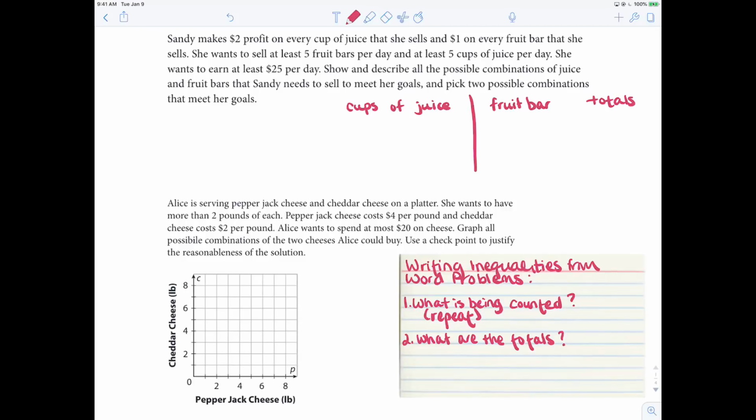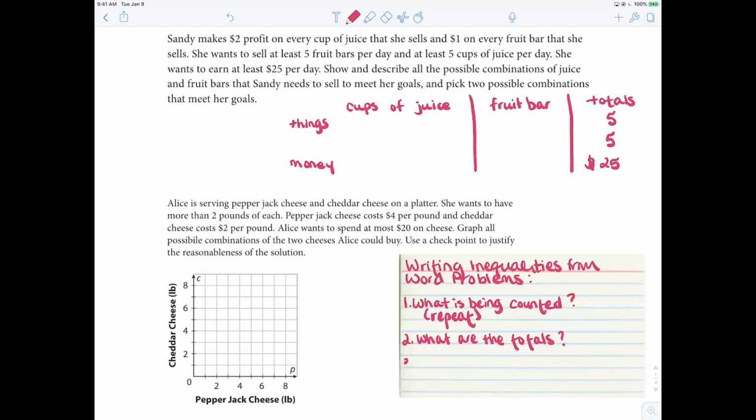To the right, we will put totals. So I see 5 fruit bars, I see 5 cups of juice, and I see at least $25 per day. So that means we're counting things, and we're counting money.